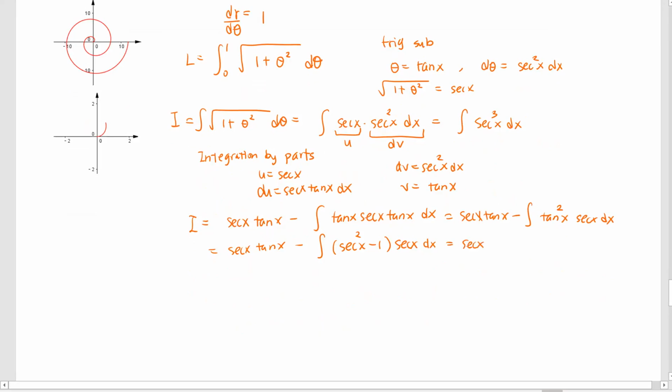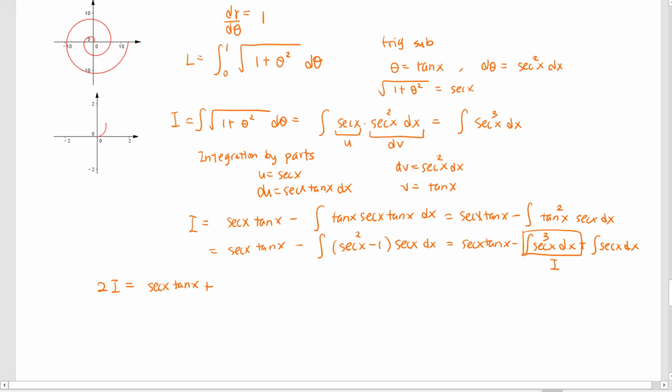We have secant tangent minus secant cubed, and then minus becomes plus, integral of secant x dx. Do you see now this is I? So we can move it to the left. So we get 2I equals secant x tangent x.